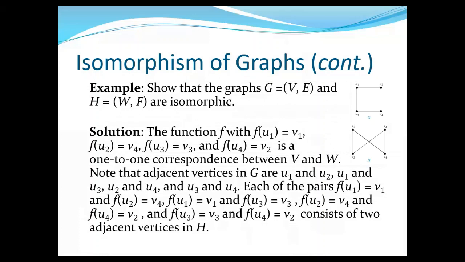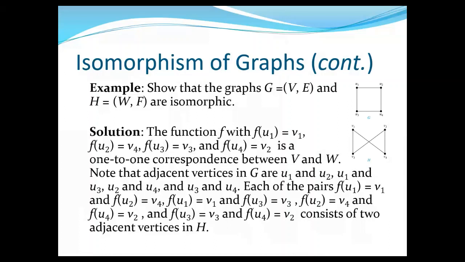So let's see if the connections of the vertices are the same. First, do they have the same number of edges? Yes, we have 4. Do they have the same number of vertices? Yes, we have 4.